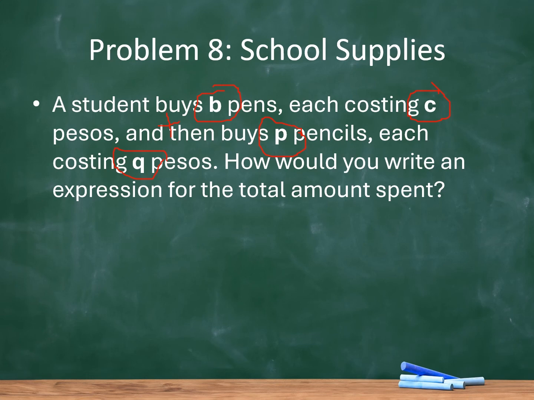Now we will use multiplication to establish the relationship between B and C, and then we will also use multiplication to represent the relationship between P and Q, and then we will add all of it together. So the expression will be BC plus PQ.